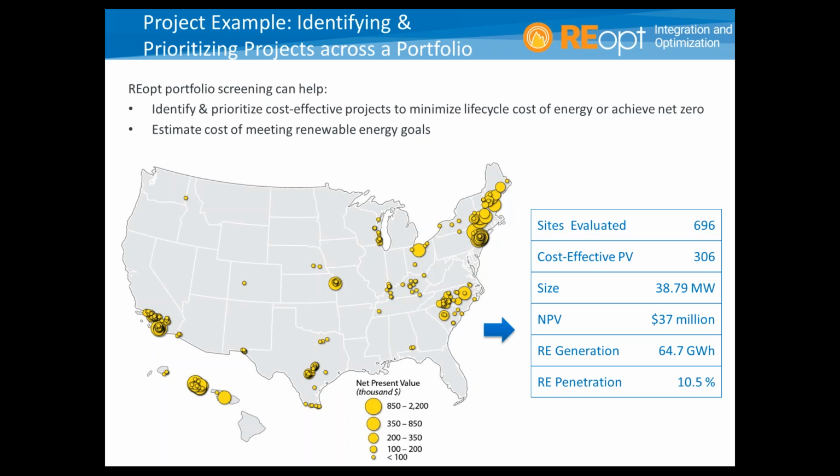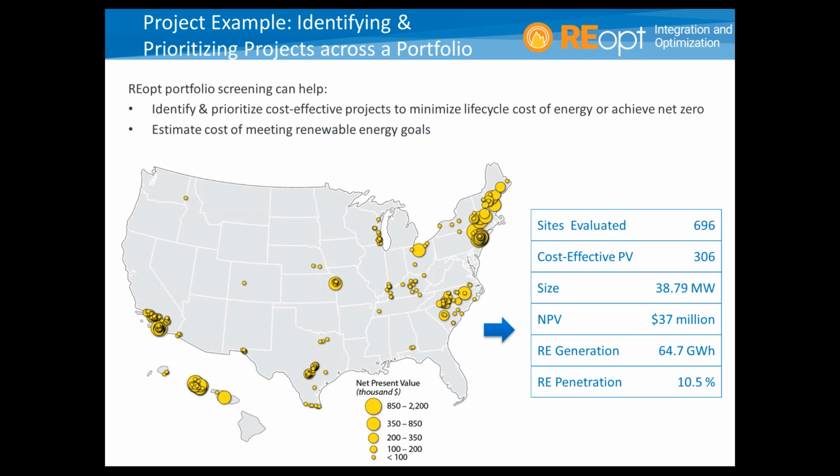We identified 306 cost-effective PV projects among those 696 sites evaluated. The total size of those projects was about 39 megawatts. And if they had implemented all these projects, they would have had a net present value of $37 million, which means that after all of the investment costs in PV were accounted for, they would have saved $37 million over the project life cycle compared to what they were paying the utility.